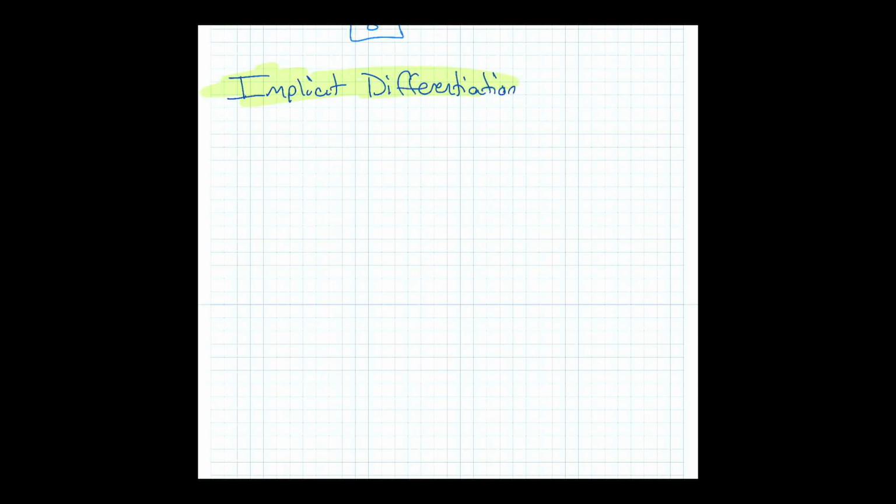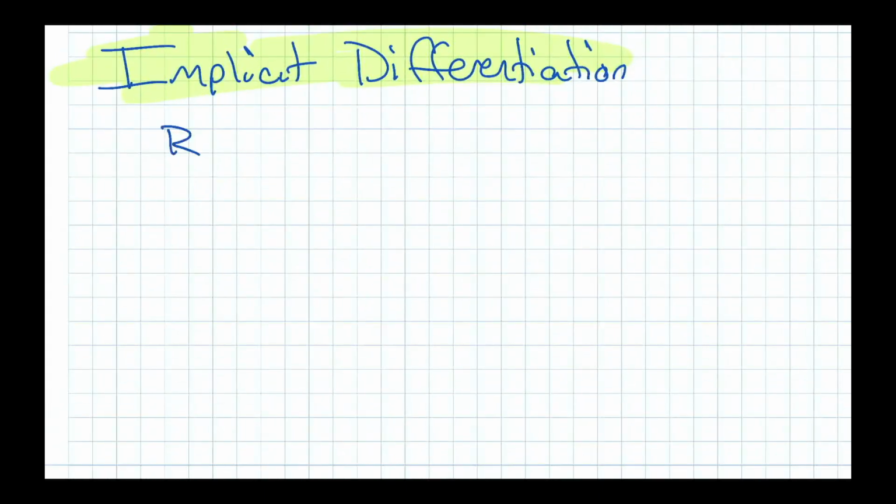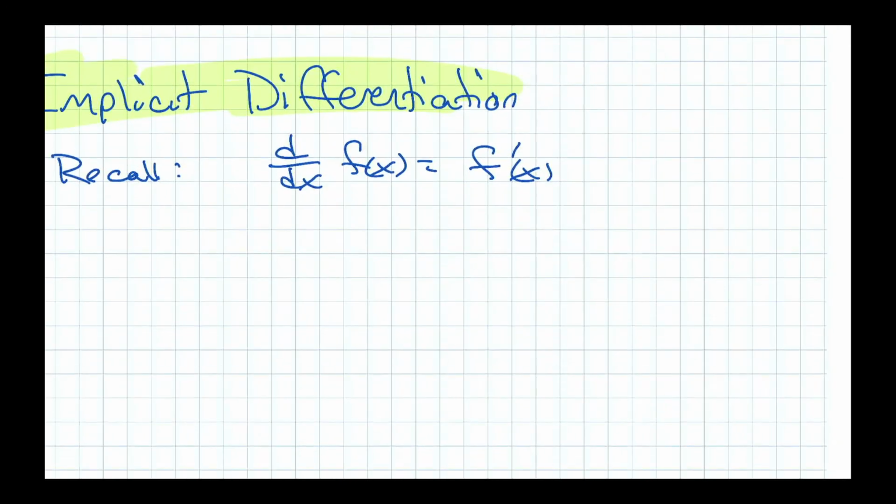Okay. So remember the way this works is if you take the derivative with respect to x of a function of x, you do it like normal. Okay, and as an example, d dx of, let's say, x cubed is 3x squared, right?